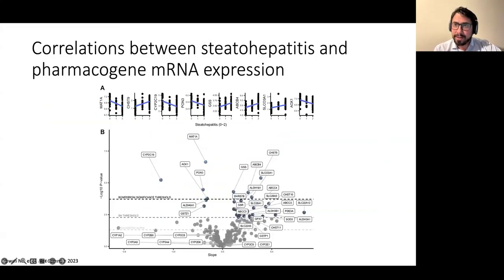And this study is not directly involved in drug-induced liver injury, but they take a population of around 90 patients with a liver biopsy, and they correlate the severity of the liver disease with the pharmacogene mRNA expression, and they identify notable changes according to severity of MASLD. So that's an aspect that can notably modulate the pharmacokinetics and elimination of some medications in our body.